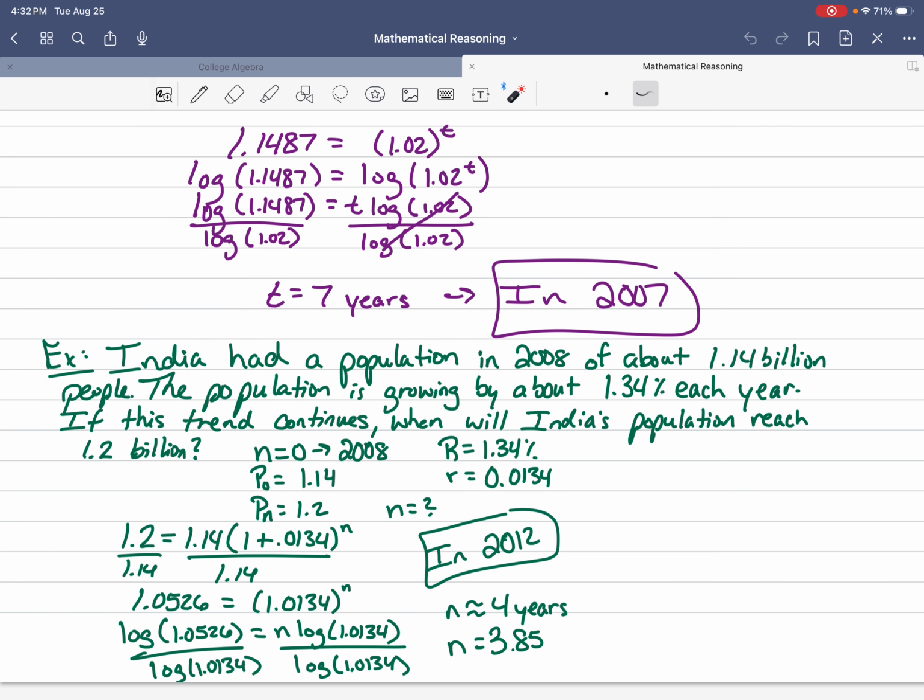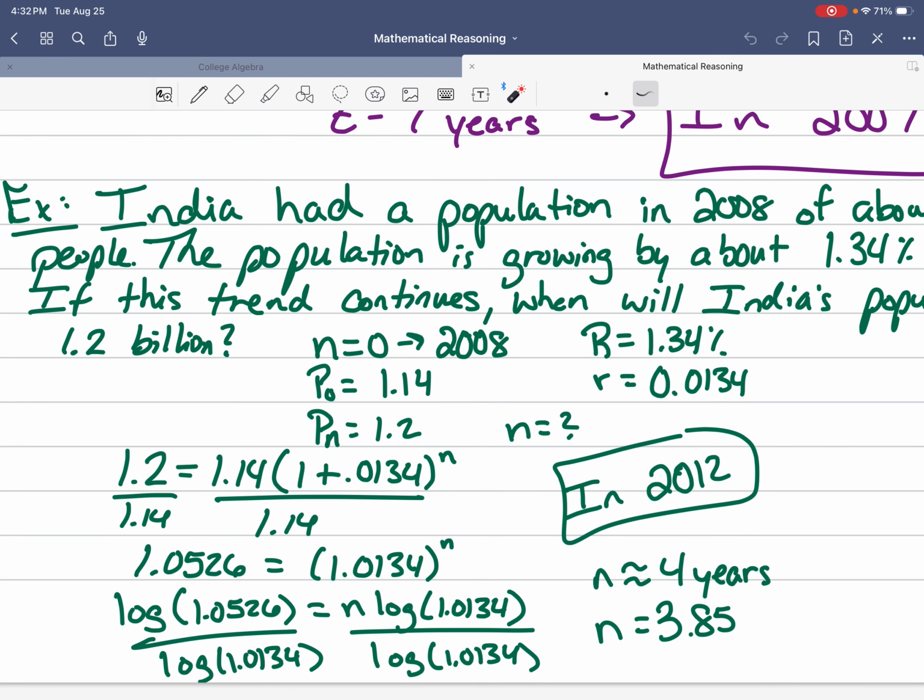Now, for the sake of making it simpler, we're going to drop the word billion off of these since they're both billion, and we're going to just use 1.14. P of n is our end goal, which is 1.2. We're trying to figure out when does n give us 1.2. So if you recall, to write an exponential equation, we're going to do our end goal, 1.2, equals our original of 1.14, parentheses 1 plus our little r, which is 0.0134, to the power of n.